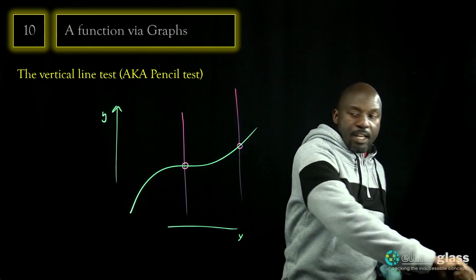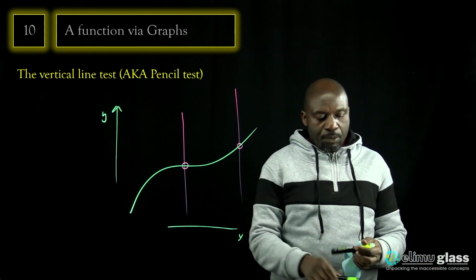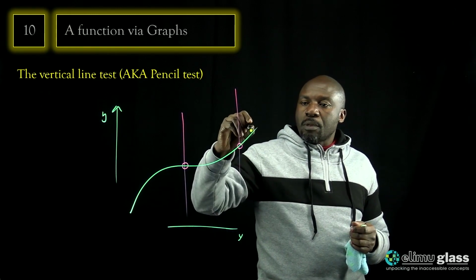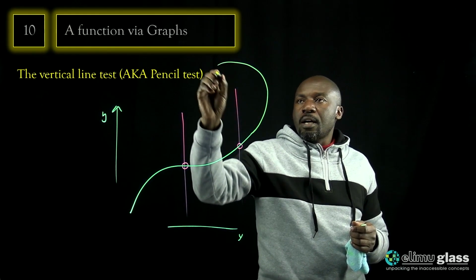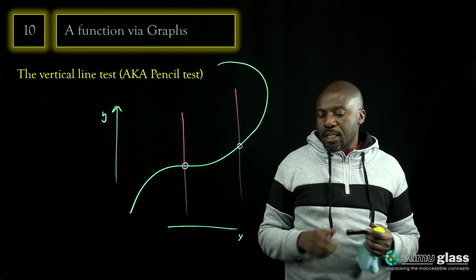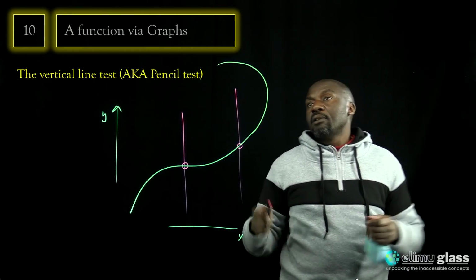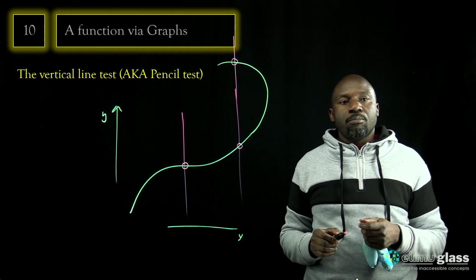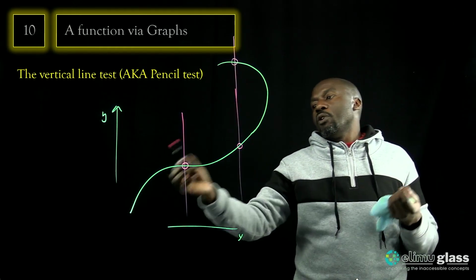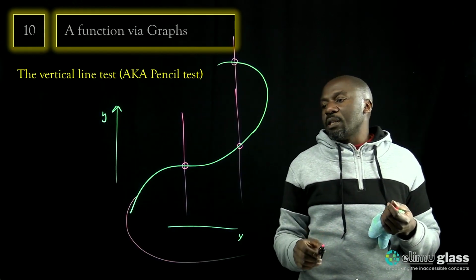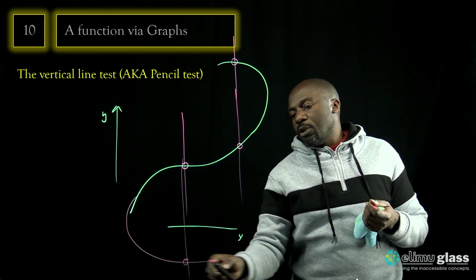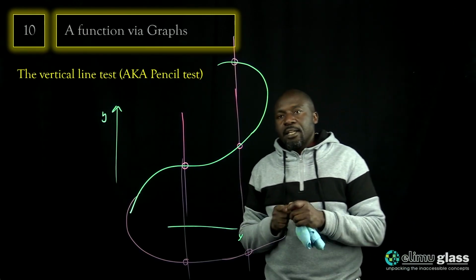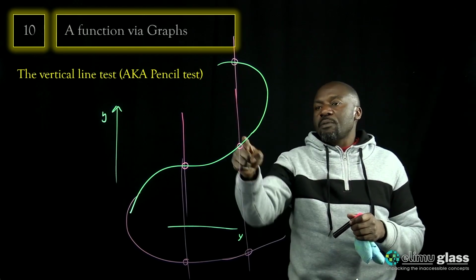Suppose this graph extended this way, suppose this graph went like that. If it did that, then my vertical line, if I extended my pencil, would be crossing in two spots, two or more spots. If this one also came back this way, this is crossing in two spots, this is now crossing in three spots, all right? So the vertical line will cross at three different places here.